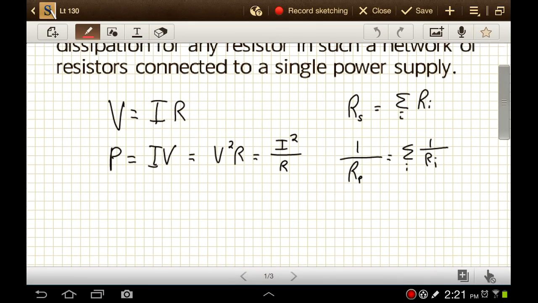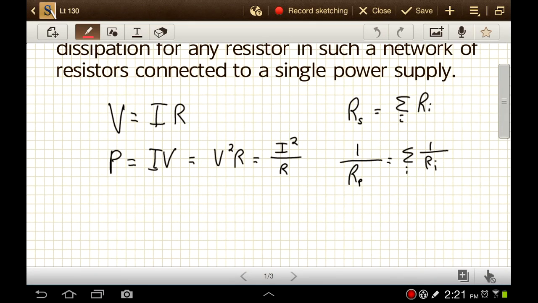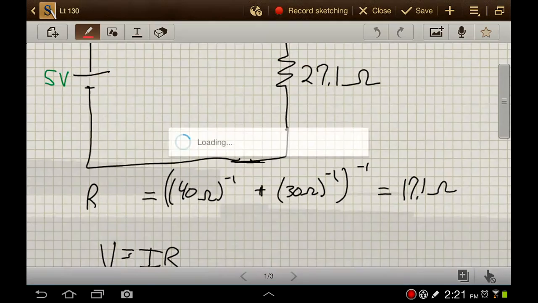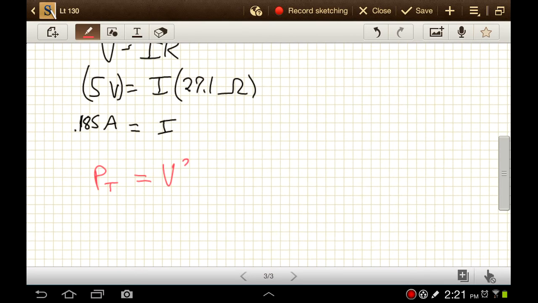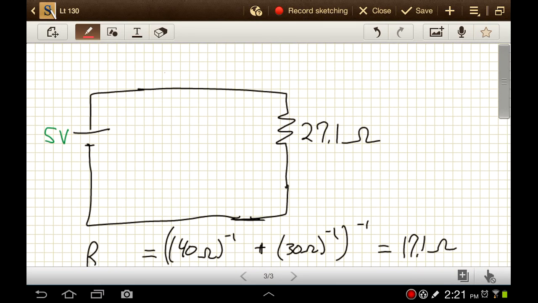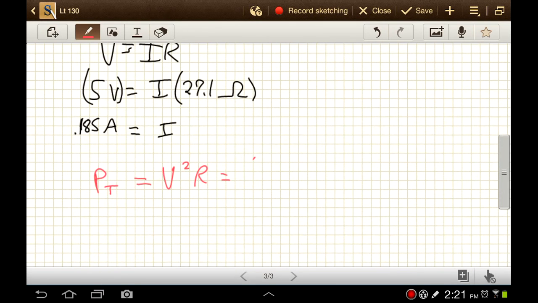We know voltage and resistance. We actually know current also, but just voltage and resistance shown on that diagram. So V squared times R. And our voltage here was 5 volts, and our resistance is 27.1 ohms.